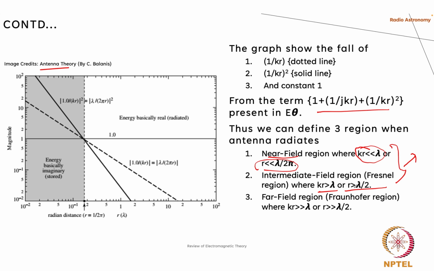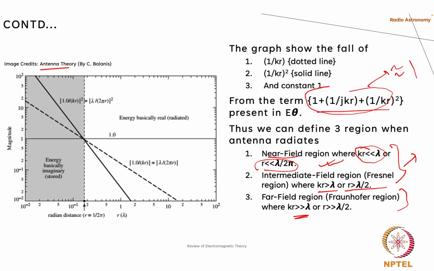When you go very far beyond lambda, you will enter the far field region, where this term will diminish so much that it will be almost equal to 1. In that region, you can say that the electrical energy has been converted into electromagnetic energy. Not total, as there will be some losses, but in ideal conditions everything will be converted. So this is what the equations for radiation look like.